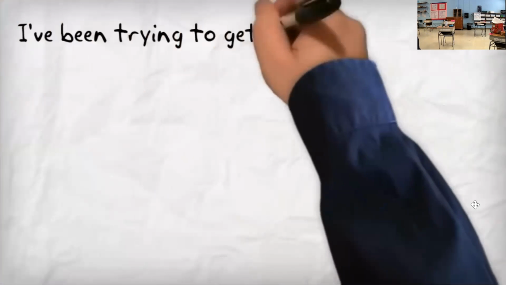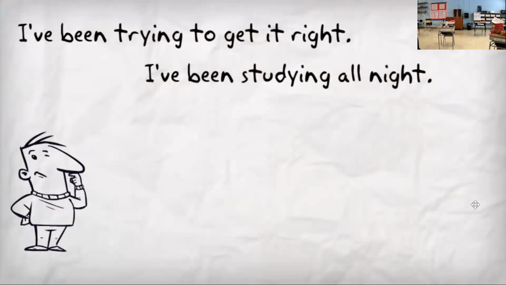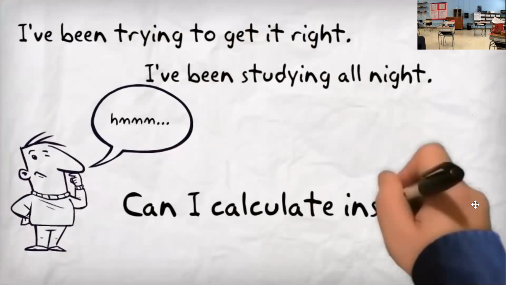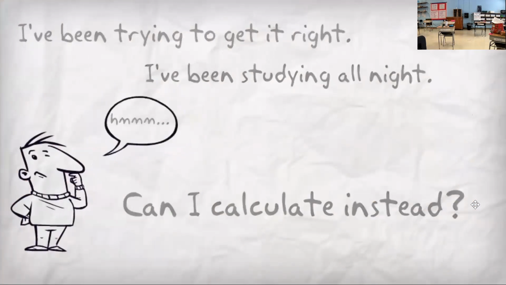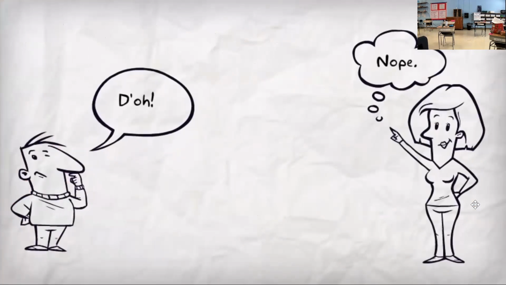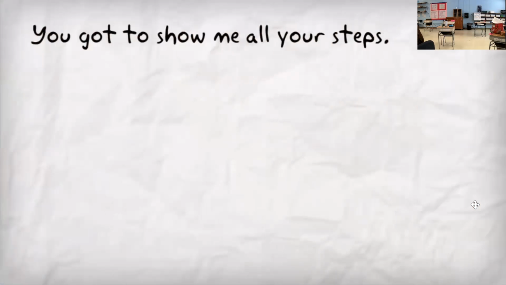I've been trying to get it right. Been studying all night. Can't do it in my head. Can I calculate instead? My teacher said, gotta show me all your steps.